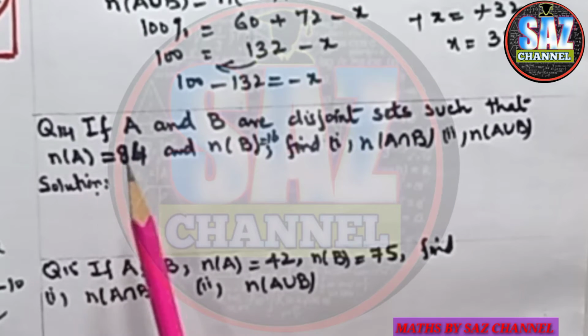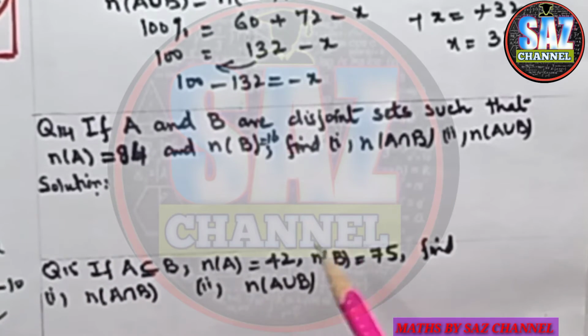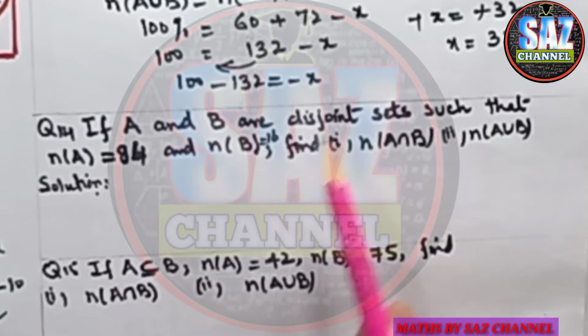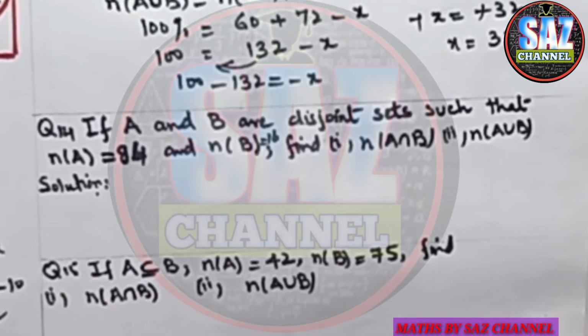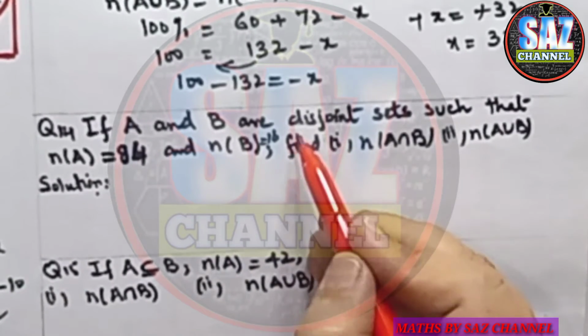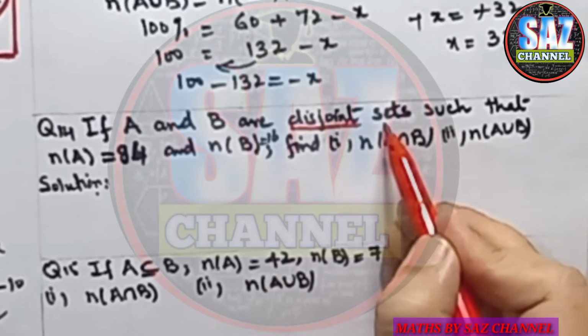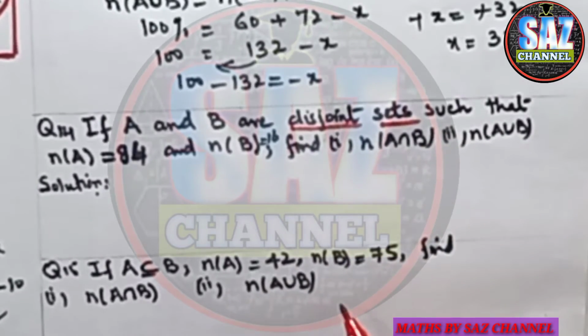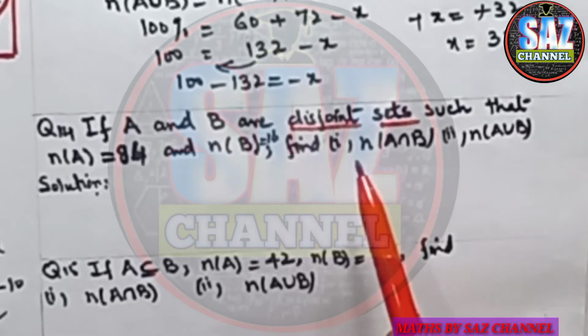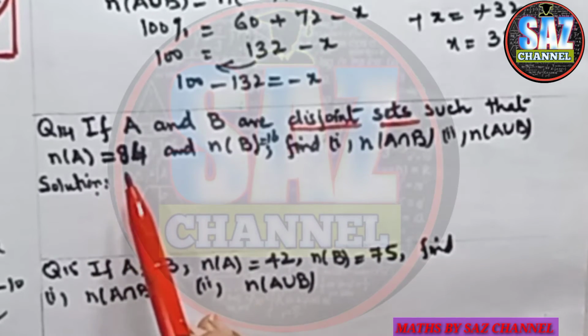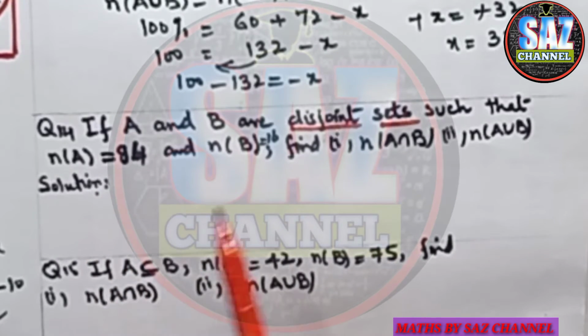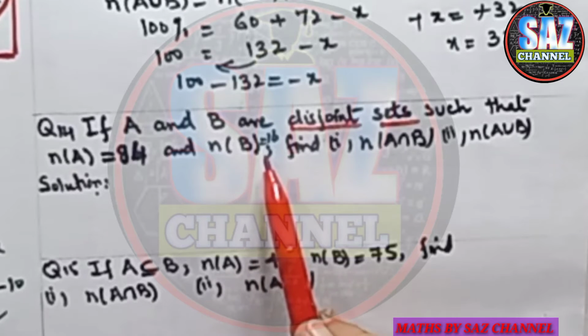Question 14 says, if A and B are two disjoint sets, it's really important information. We have to underline this information and recall the concept of disjoint sets, such that the number of elements of A is 84 and the number of elements of B is 16.